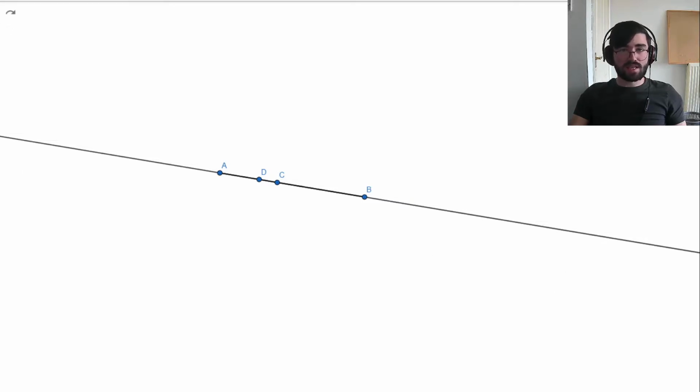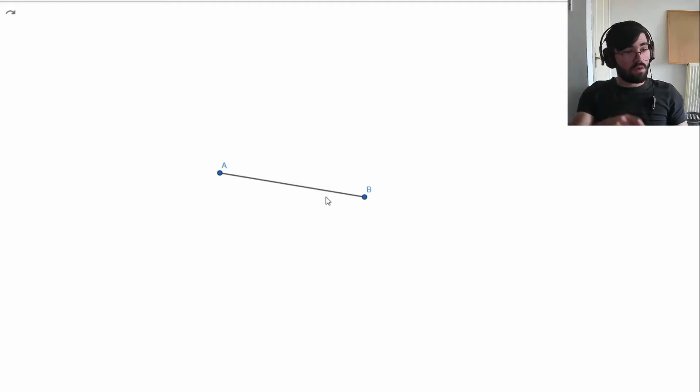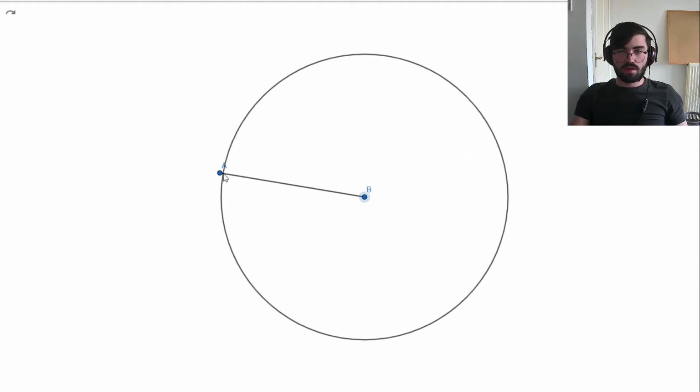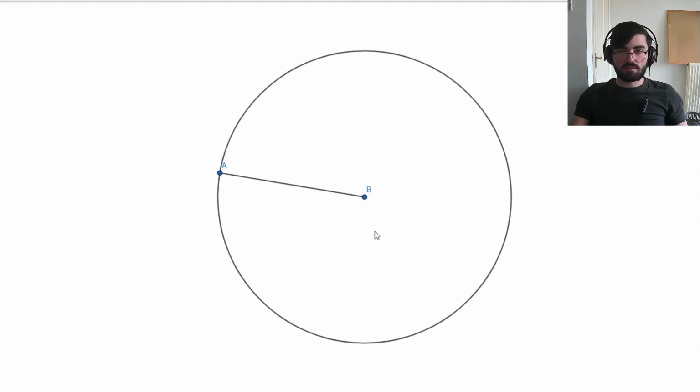Going back to the line segment that we had earlier, this line segment here of A and B, what we can also do is take the assumption that given any line segment, we can draw a circle that has this line segment as its radius and then one of the endpoints at its center. So what I can do is I can make a circle, finishes there.